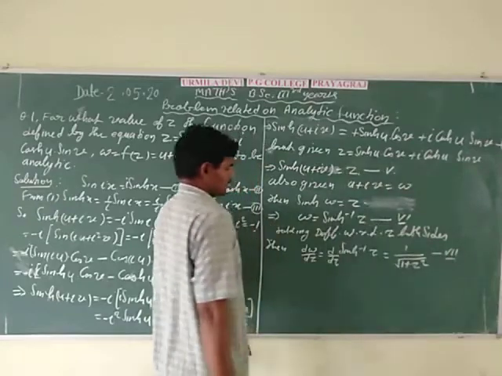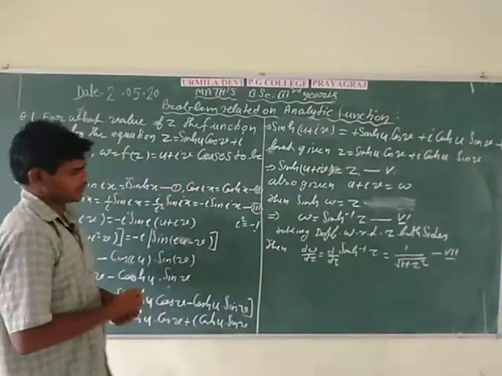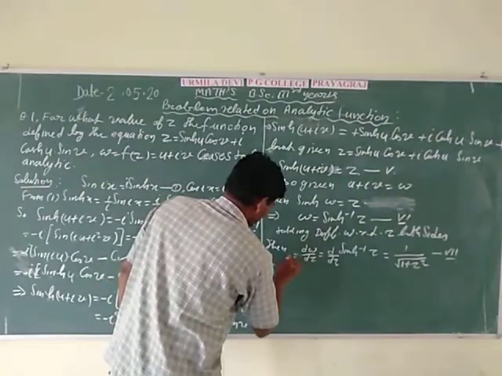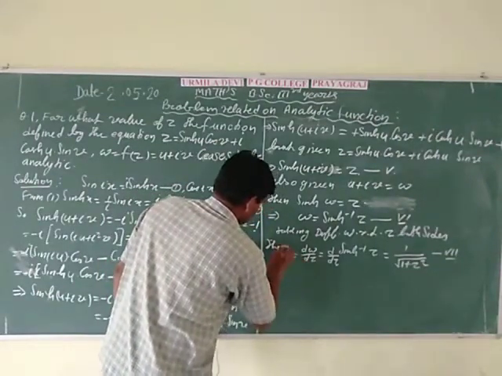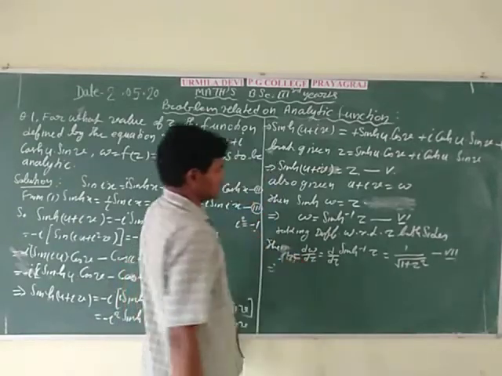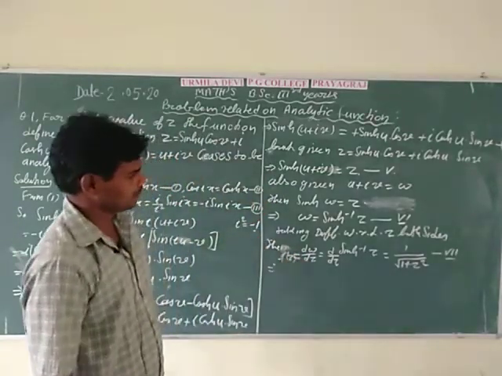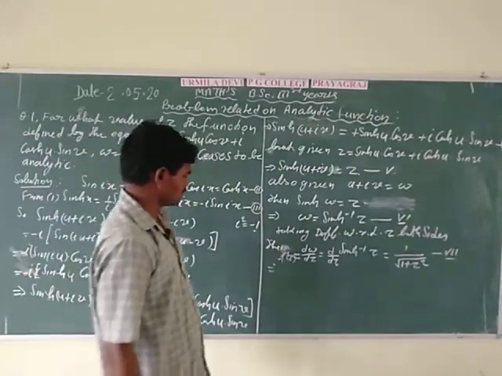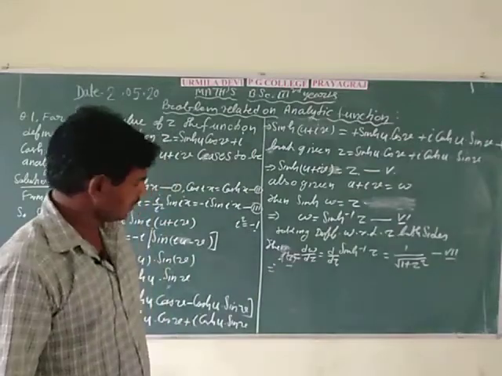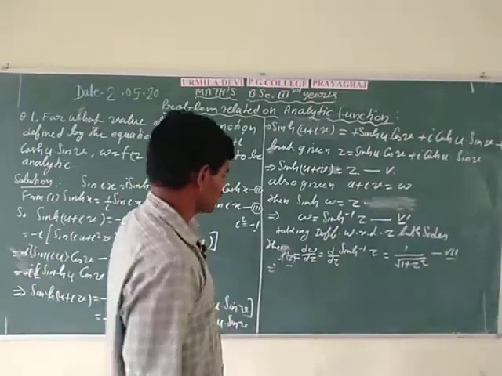So in equation 7, differentiation of w means f of z, so it is also written as f dash z. f dash z is equal to 1 divided by under root 1 plus z square, which is the value of function f z after differentiation with respect to z.